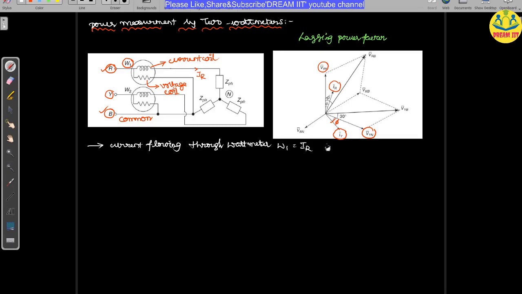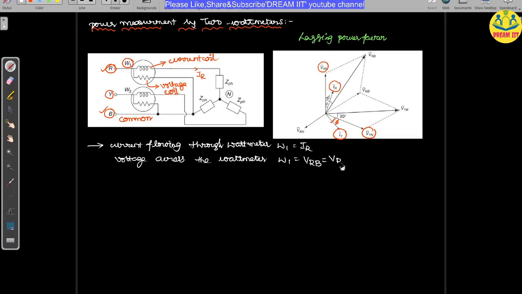Next, what is the voltage across the wattmeter W1? We can write it as VRB.